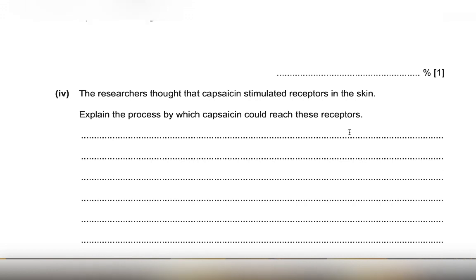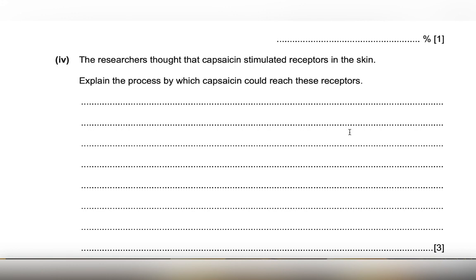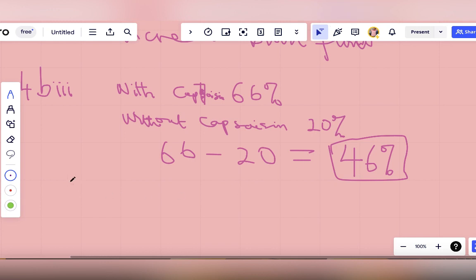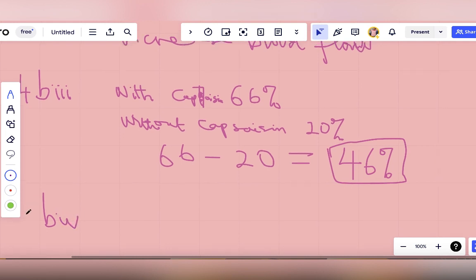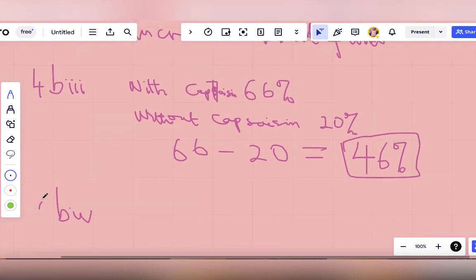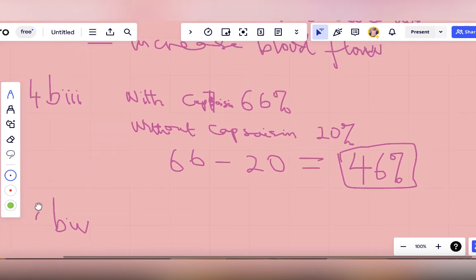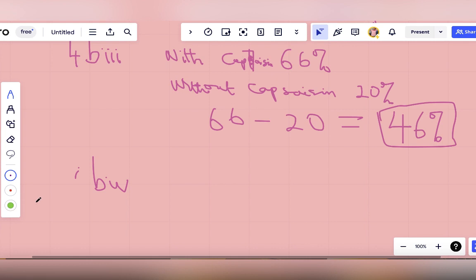The process, first you state it and then you explain. The process is through diffusion.